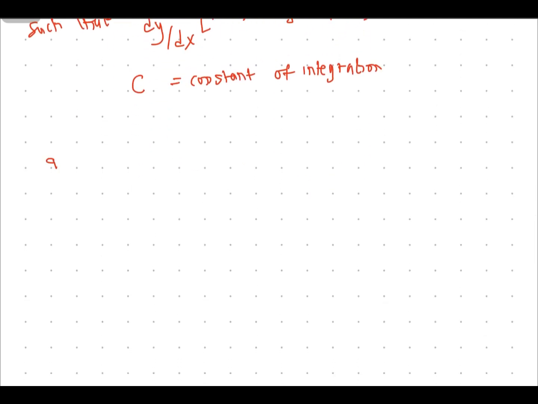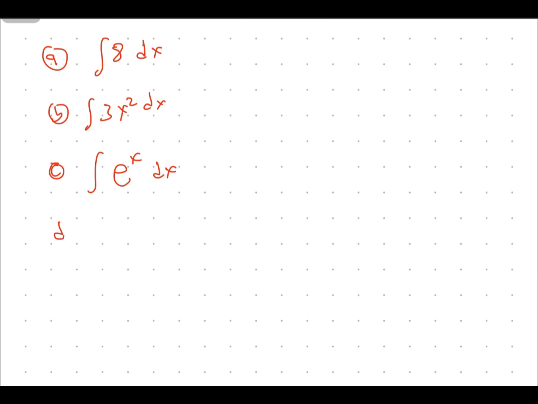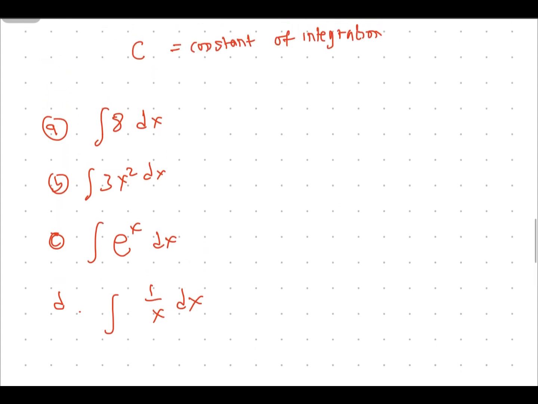Let's take A, the integral of 8 dx. B, the integral of 3x squared dx. C, the integral of e exponent x dx. And then D, the integral of 1 over x dx. So let's take them one after the other.